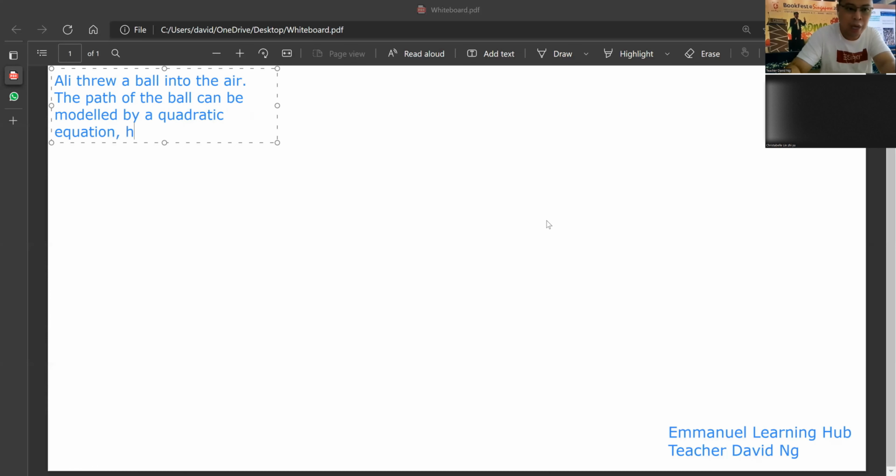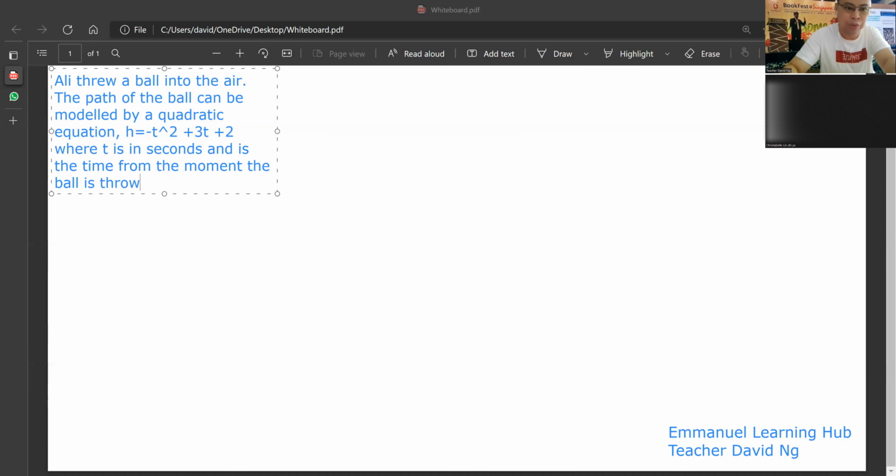Okay, the quadratic equation will be h equal to negative t squared plus 3t plus 2, where t is in seconds and is the time from the moment the ball is thrown, and h in meters is the height of the ball.